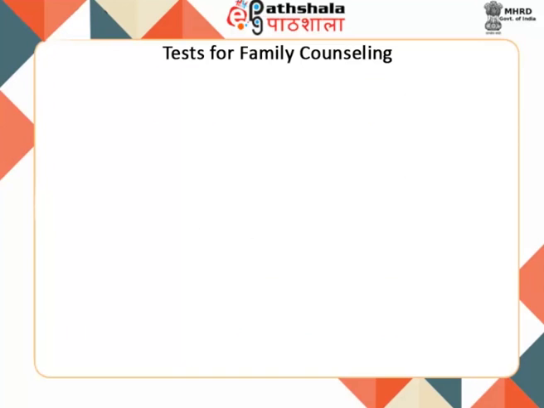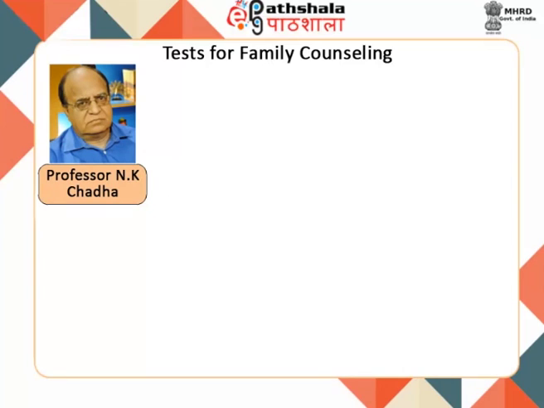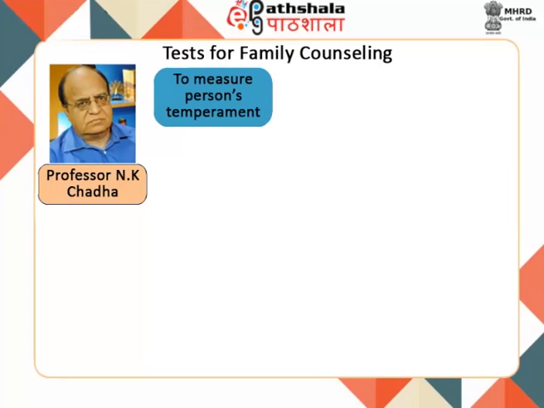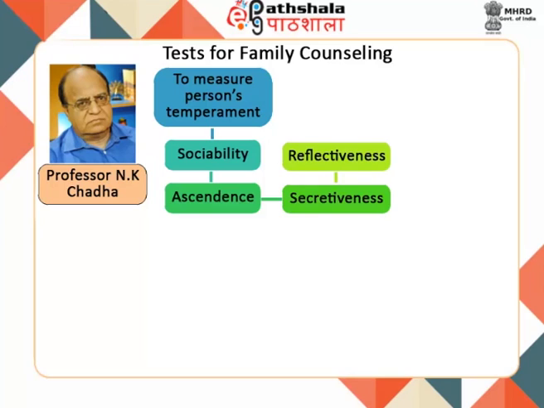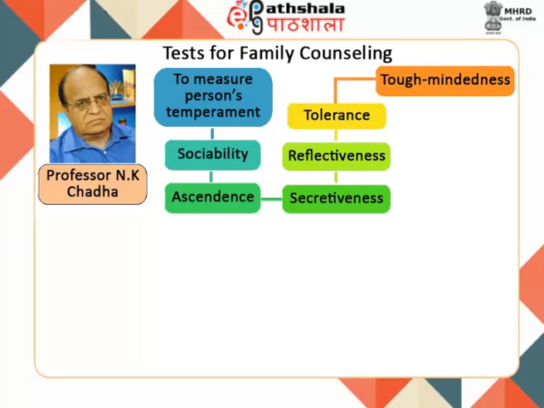Dimensions of temperament scale has been devised by Professor N.K. Chadha and Ms. Sunanda Chandra to measure the temperament of a person on 15 selected dimensions: sociability, ascendance, secretiveness, reflectiveness, impulsivity, placid, accepting, responsible, vigorous, cooperative, persistence, warmth, aggressiveness, tolerance, and tough mindedness.